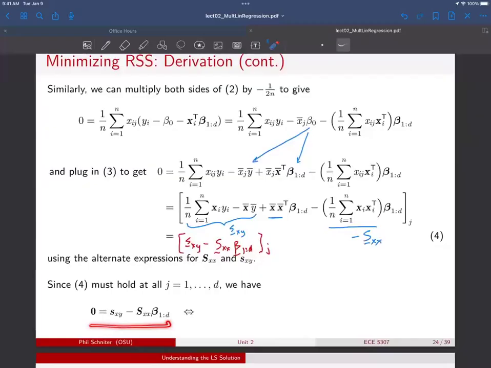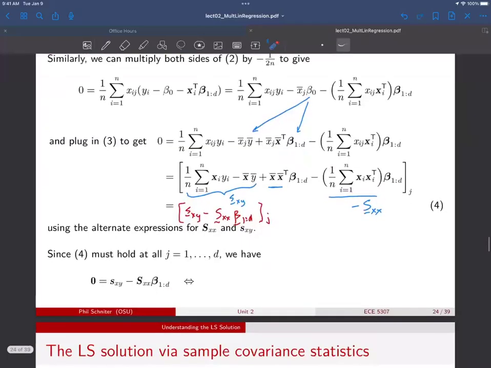If you have a linear system of equations like this, we can bring SXX to the other side. Equals SXY. And then now we multiply both sides of the equation by inverse of SXX.